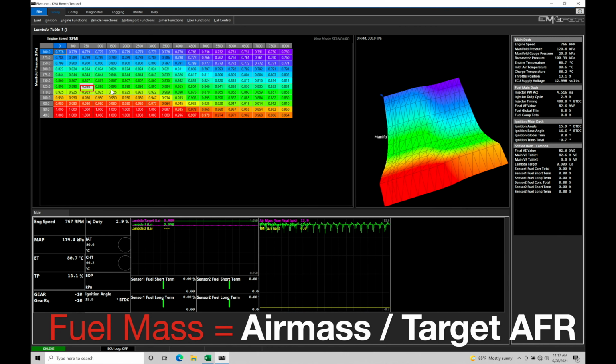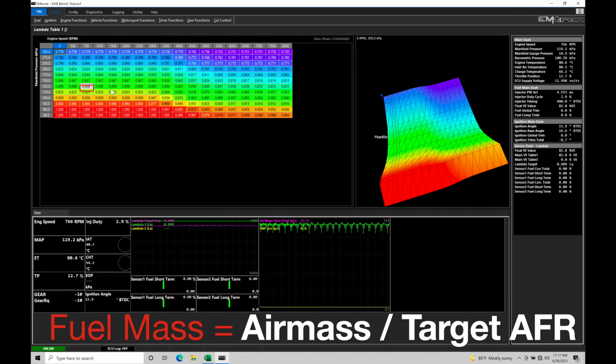If we inaccurately represent the stoichiometric ratio for the fuel, that leads to a fuel modeling problem. The fuel mass we calculate and turn into an injector pulse width, knowing things like our static flow or injector slope, the dead time, and the nonlinearization characterization table, won't be converted into a proper injector pulse width, because we're not representing the target air fuel properly in the air mass divided by target air fuel side of the equation.